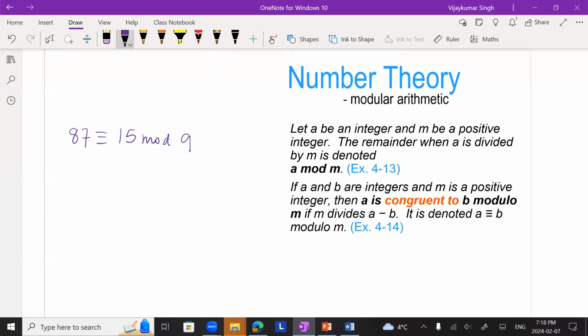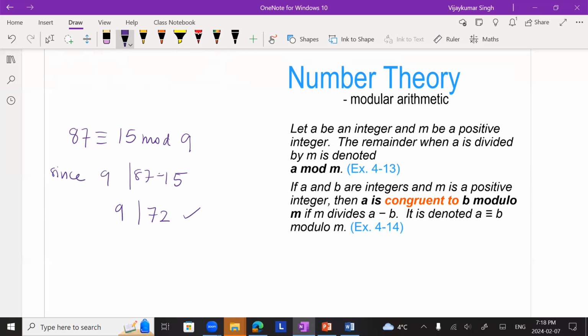Do you agree with this? So 87 is congruent to 15 mod 9, right? Why? Well, because if I do 87 minus 15, what is 87 minus 15? It is 72, right? And 9 divides 72. So 9 divides this.